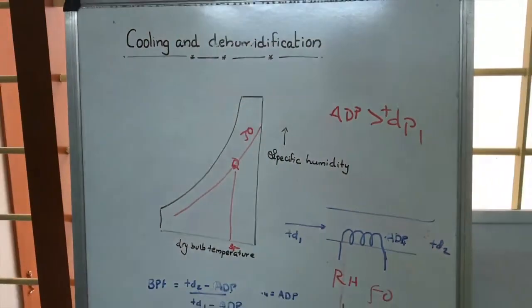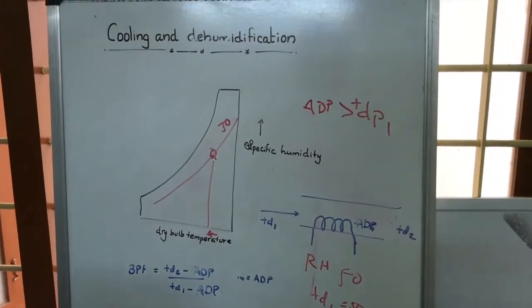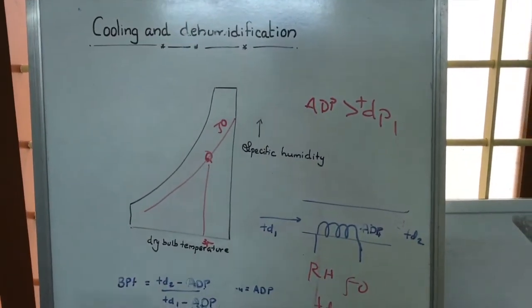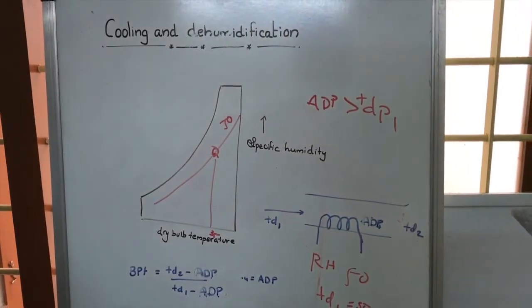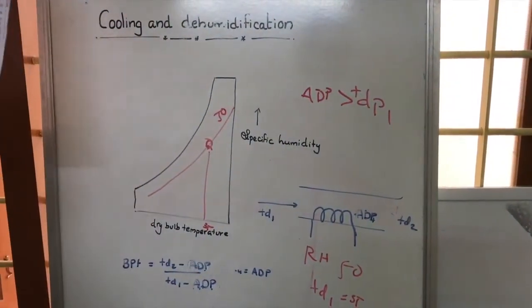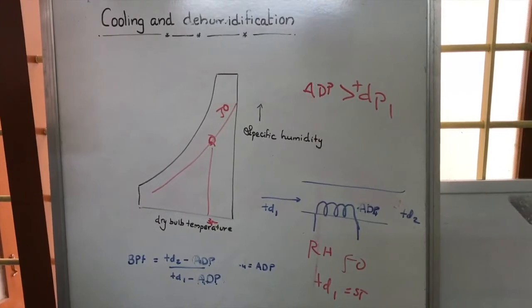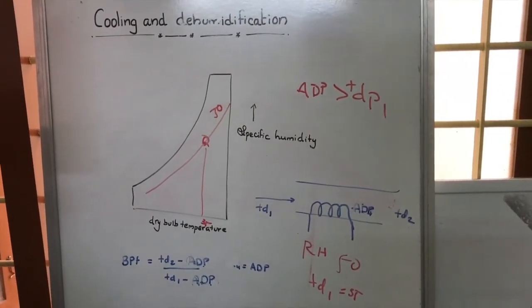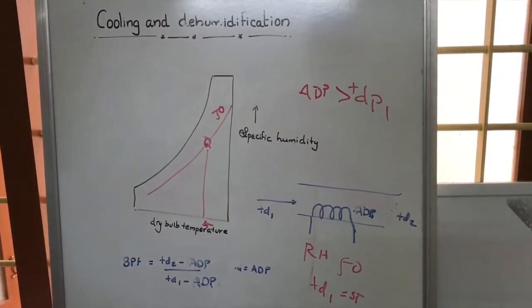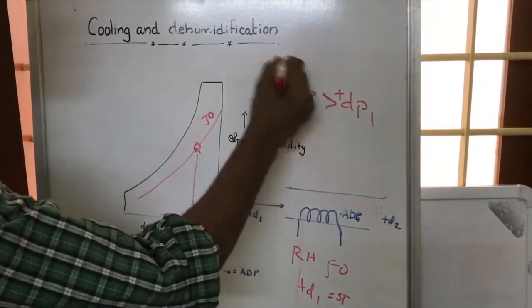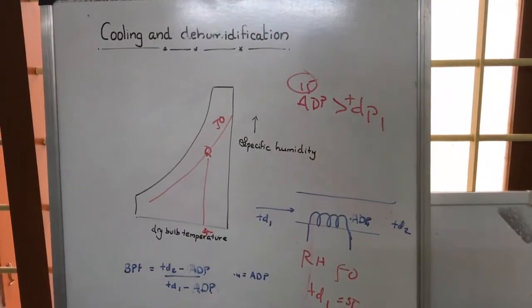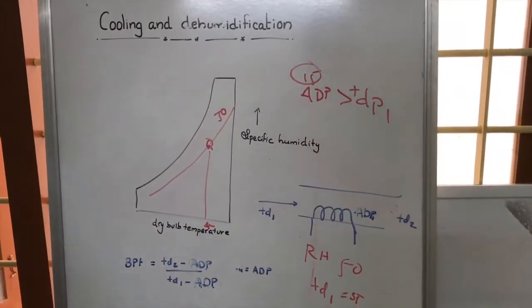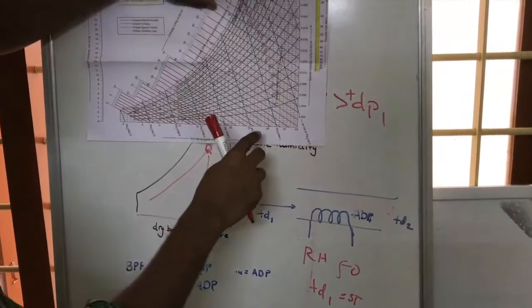Then we dehumidify it. For the dehumidification process to take place, first let's check the given coil temperature. Let us take the given apparatus dew point temperature as 15. That temperature should be less than the dew point temperature of the air. The 35-50 point is this one.